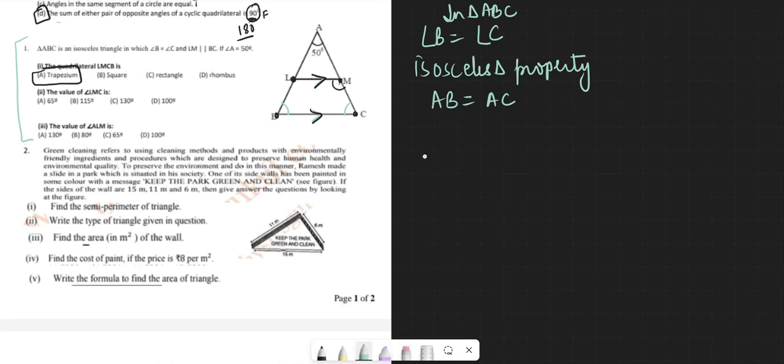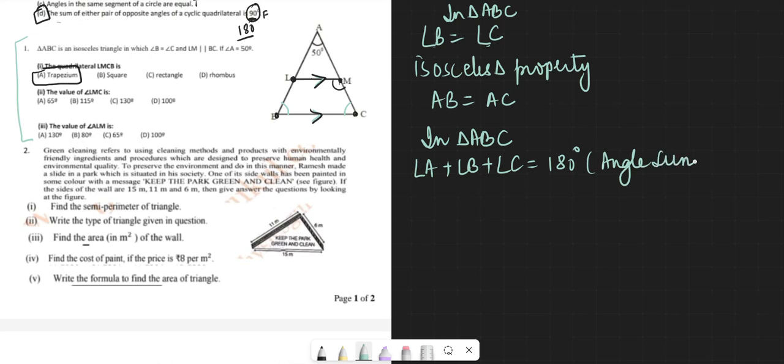So here what we proceed with is, we know in triangle ABC angle B is equal to angle C, so angle A plus angle B plus angle C is 180 degrees. We are using the angle sum property of triangles. Angle A is 50. Angle B and angle C are equal, so I named them as x. So 50 plus x plus x is 180 degrees.